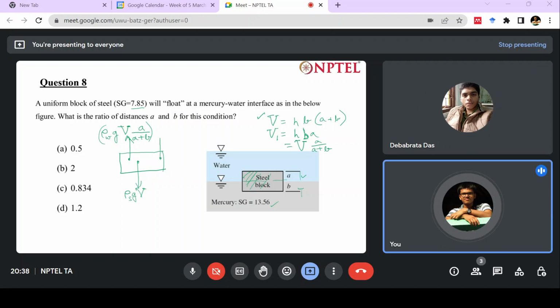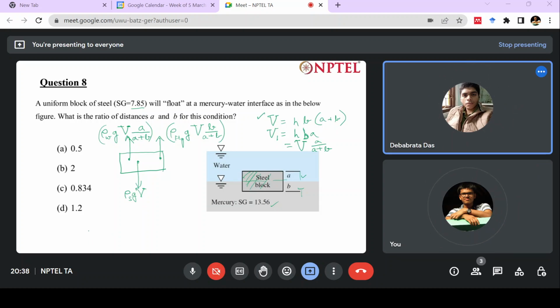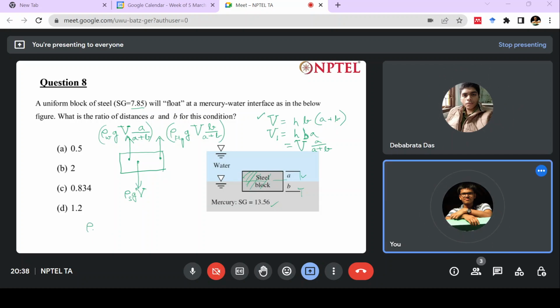Another buoyancy force will be rho of mercury into g into V into B by A plus B. Now I will balance this out. So all g will cancel in the force balance.